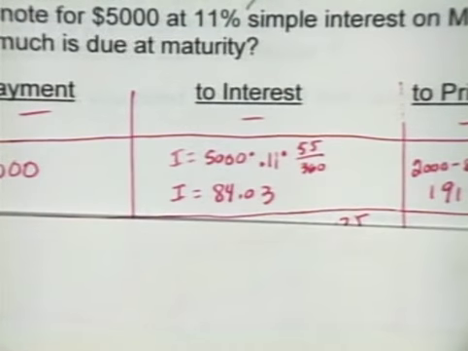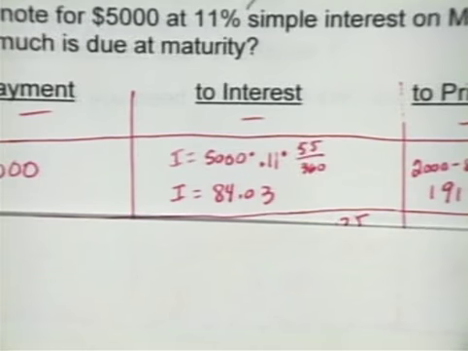Where did I come up with 55 days? May 1st is 55 days after March 7th, right. So at that point, he owes interest of $84.03. It's an ordinary 11% loan. He's held that loan for 55 days.